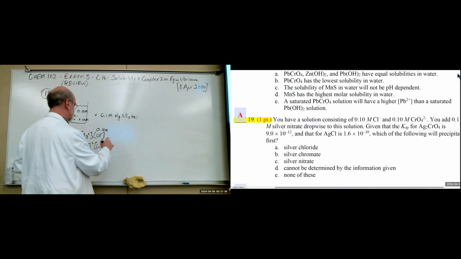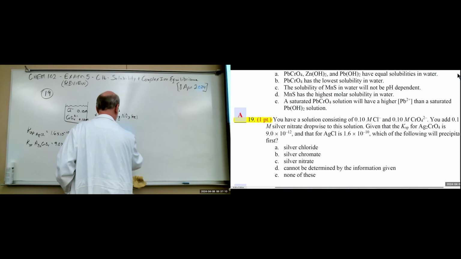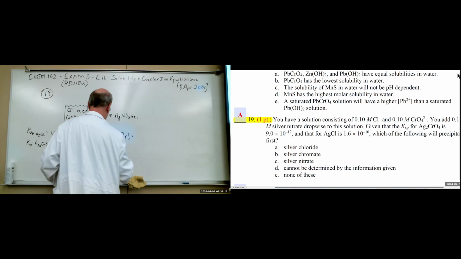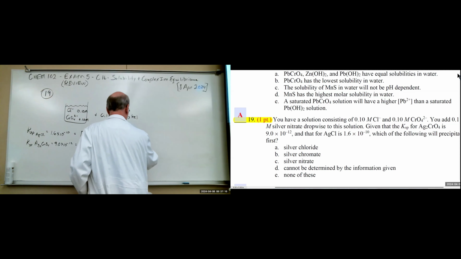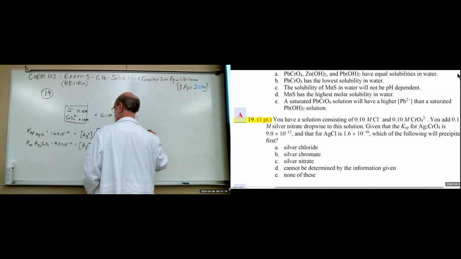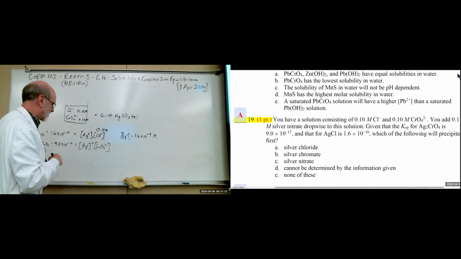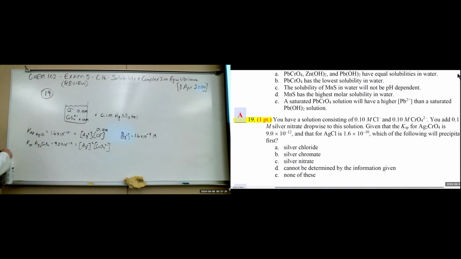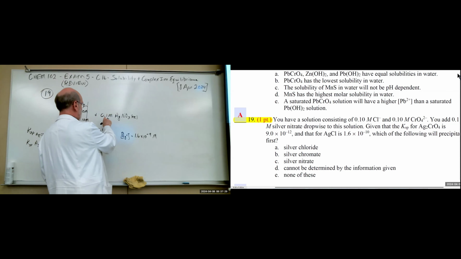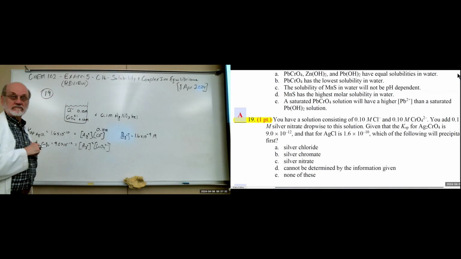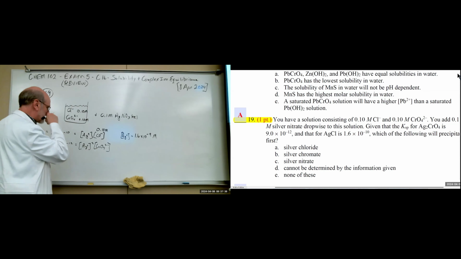I think that's the way we need to go. So that means we divide this one by 0.1, which is 1.6 times 10 to the minus 9 molar. When the concentration of silver reaches this point, silver chloride will precipitate. Okay, did I lose anybody?